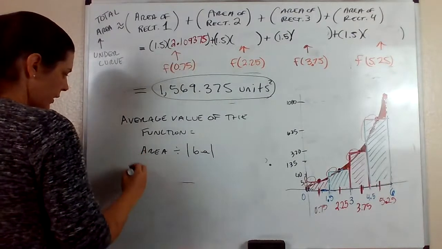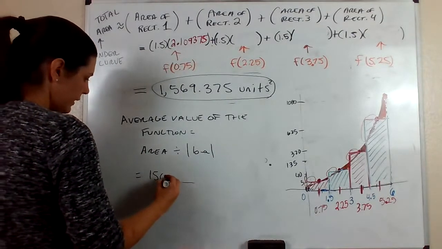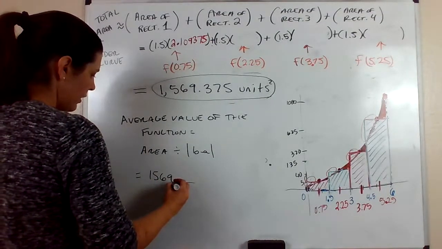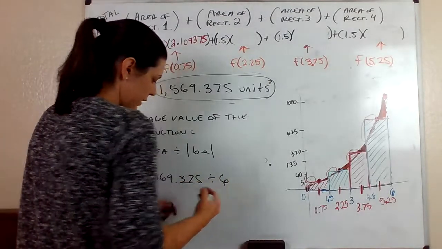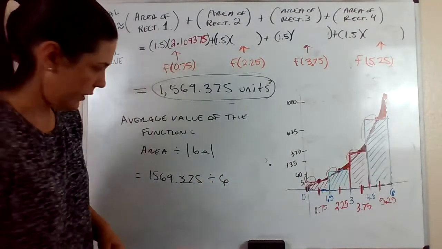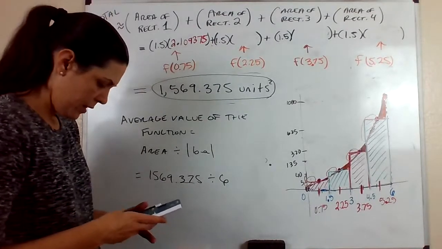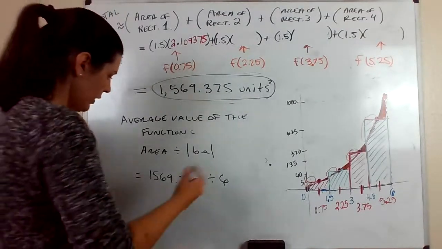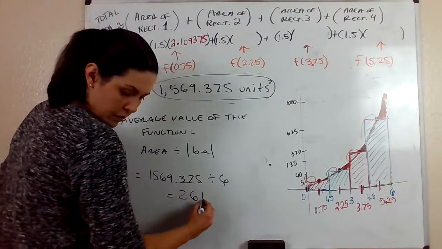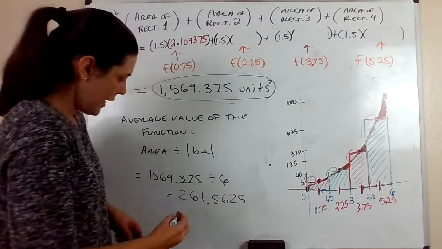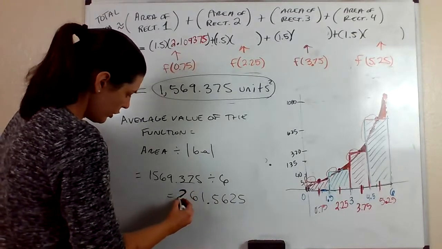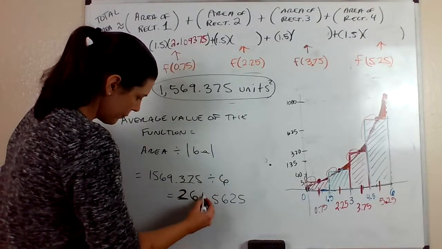So for us, that's going to look like this: 1,569.375 divided by 6, because our interval had length 6. So let's do that number real quick. 261.5625.